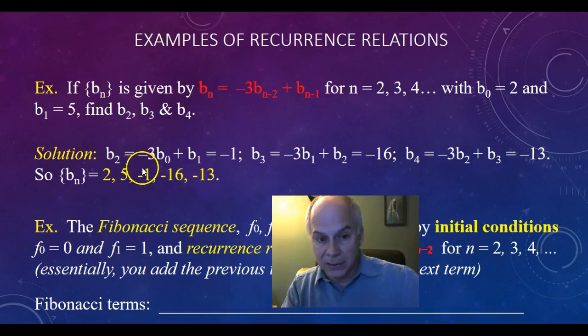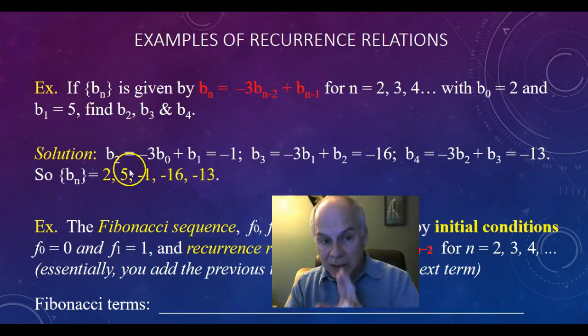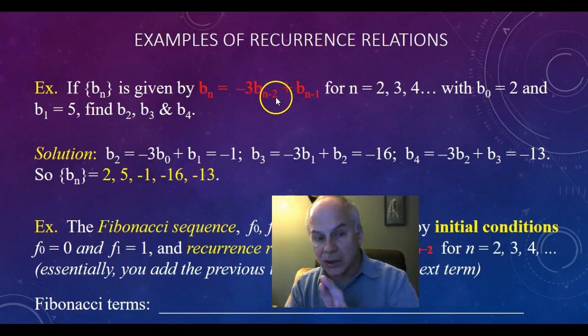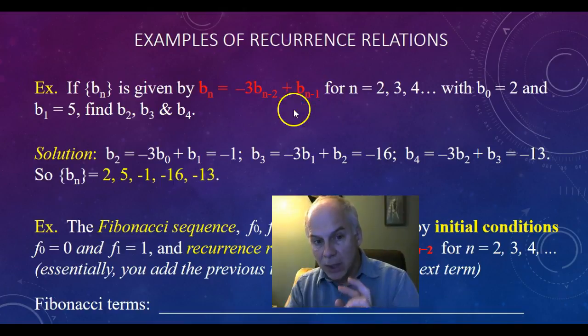So here's what I did here. If n is 2, because we're starting off where n is 2, then b sub 2 would be negative 3 times b sub 2 minus 2, which is b sub 0, plus b sub 2 minus 1, and 2 minus 1 is 1, so this is b sub 1.